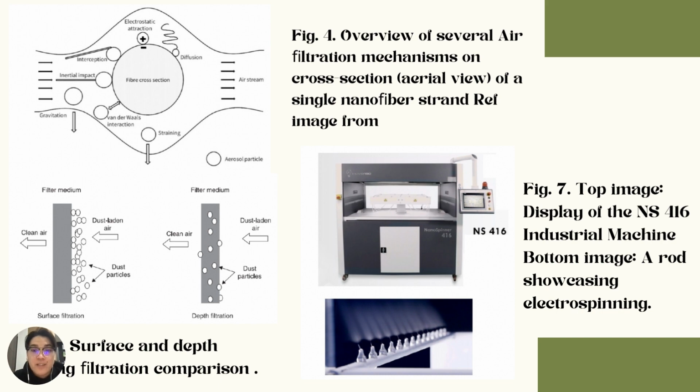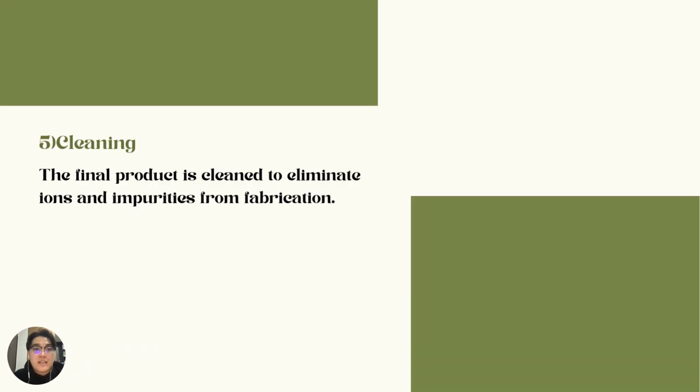And from figure 7, this is the image of the machine used to do electrospinning. And the last step, we have the product cleaned to remove any contaminants from manufacturing.